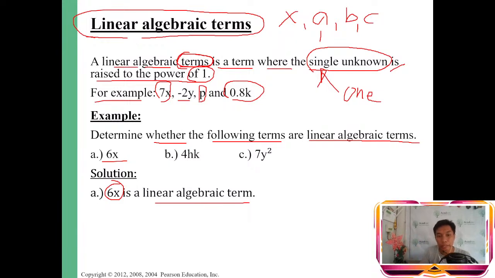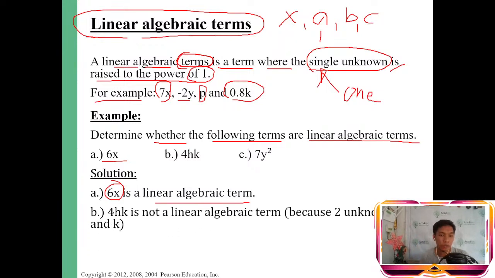Next one, 4hk. It's not a linear algebraic term because we have two unknowns. What are the unknowns here? We have the letter H and the letter K. So they are not linear algebraic terms.